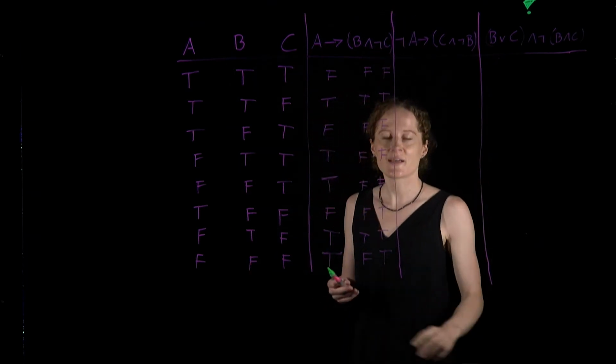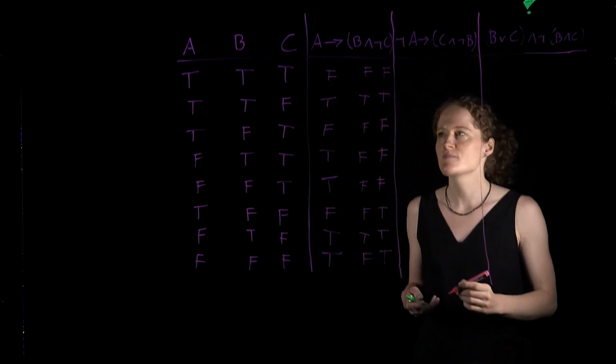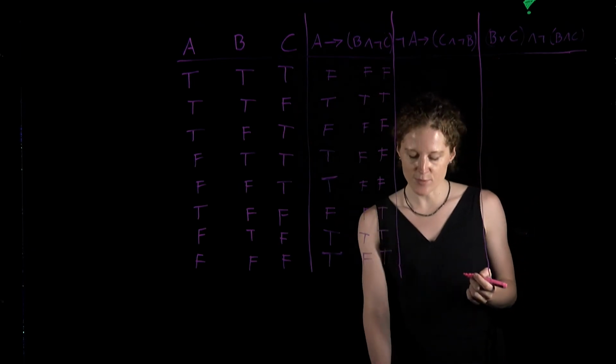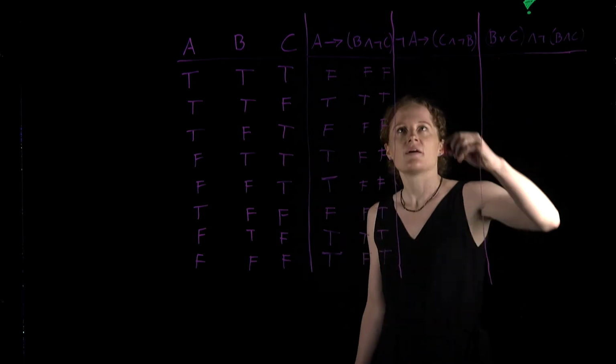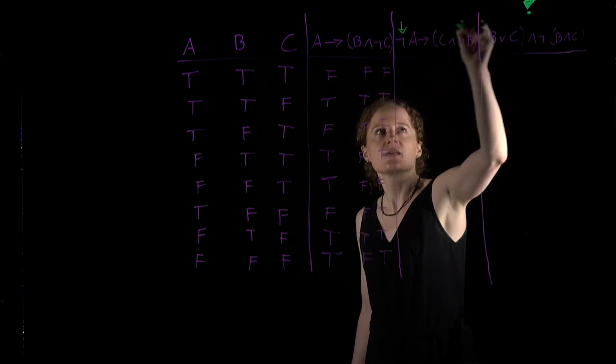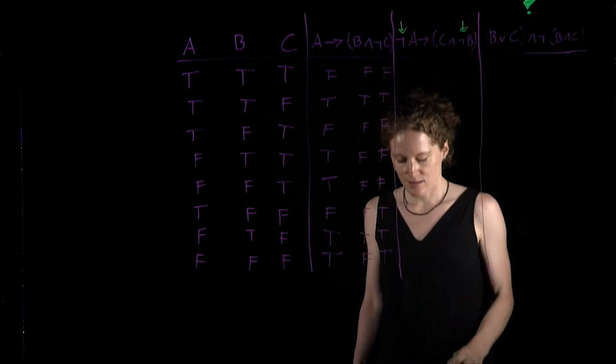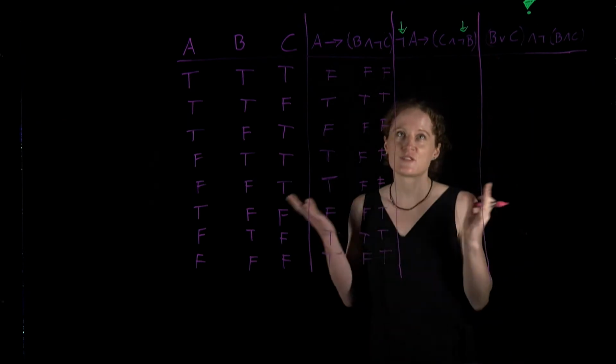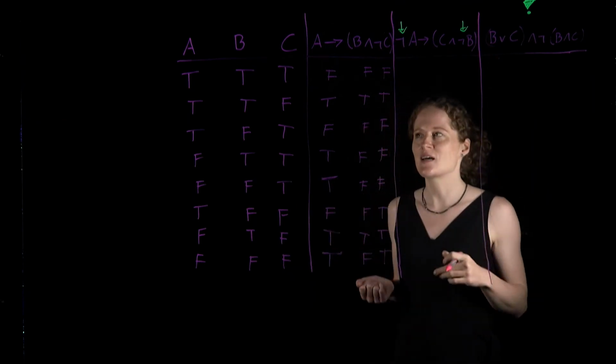Okay, next let's look at the second premise. I'm again going to start with the innermost connective. Now in this case we actually have 2 innermost connectives, this negation sign and this negation sign. In a case like that where you have 2 innermost connectives, you can start with either one.